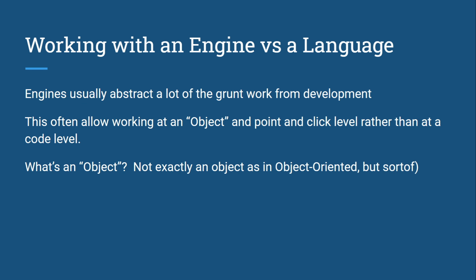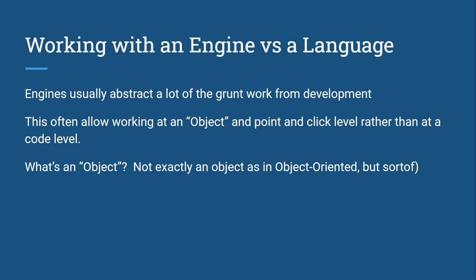Usually you're not coding things from scratch if you're using a game engine. Of course, you could have written your own game engine, in which case you've done all the grunt work yourself. But for the purposes of this course, and usually in industry, you're using an engine that's already been developed. So we're going to be using the Unity engine, which has obviously already been developed.